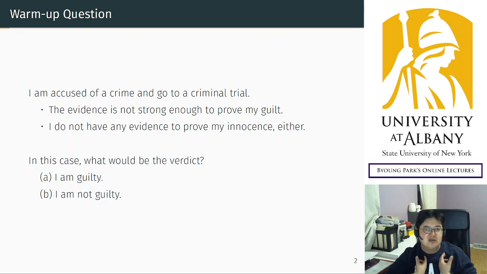Like if I was the murderer, there is not enough evidence that proves my crime. But I do not have any evidence to prove myself innocent either, right? So everything is murky. Everything is in the gray area.